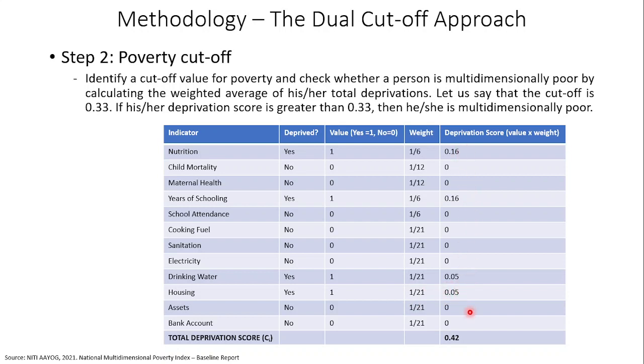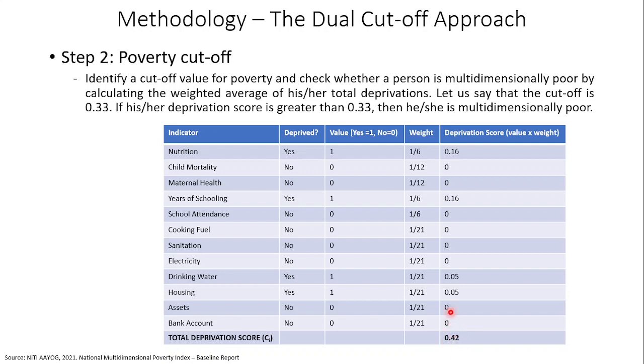So you calculate the deprivation score for each indicator for an individual, and then the total deprivation score, which is the sum of all these 12 values. So you have 0.05 plus 0.05 plus 0.16 plus 0.16, and the rest are zeros, which gives you a value of 0.42.